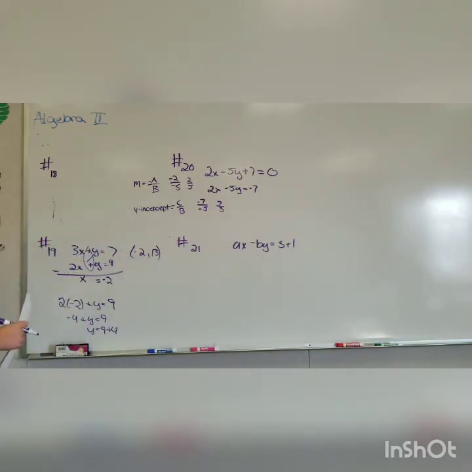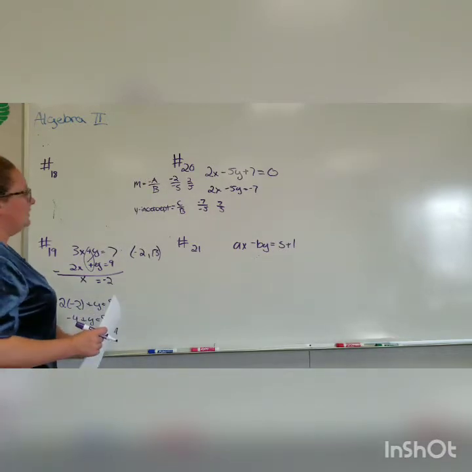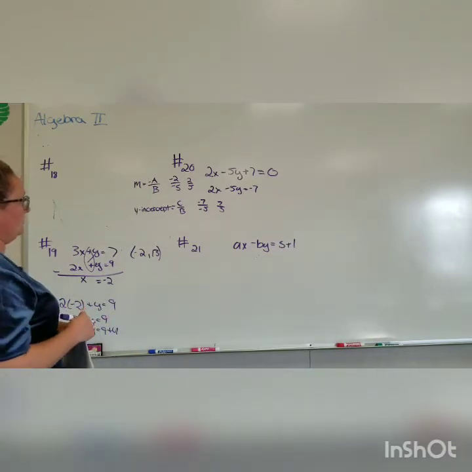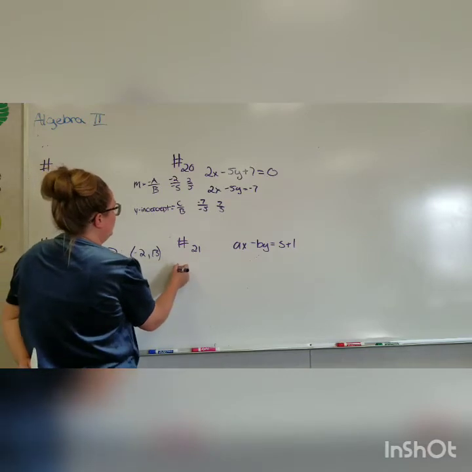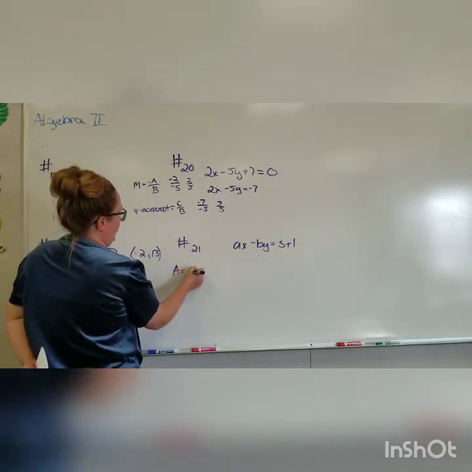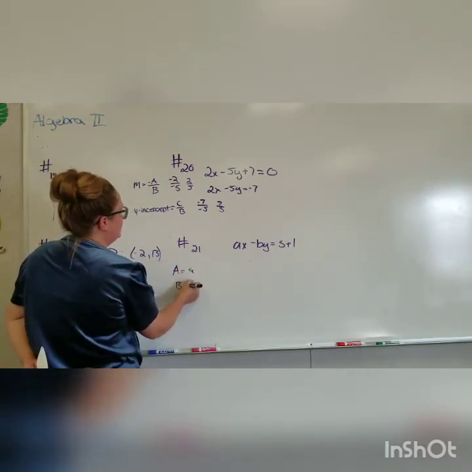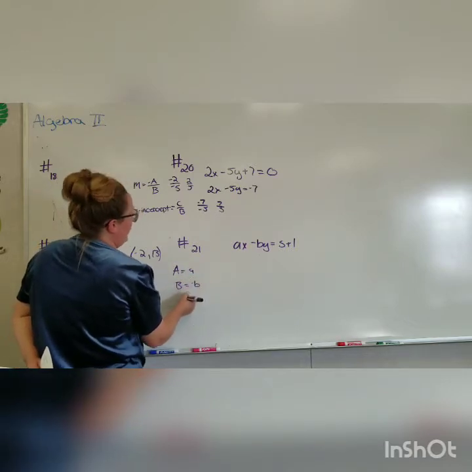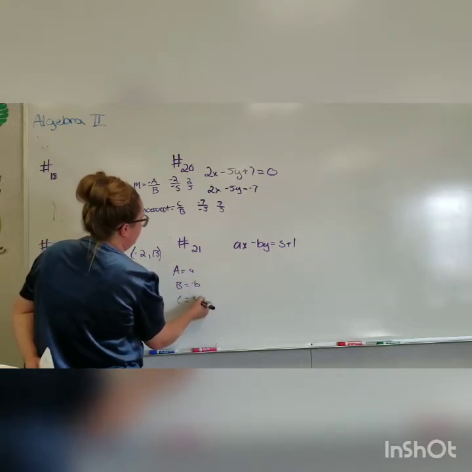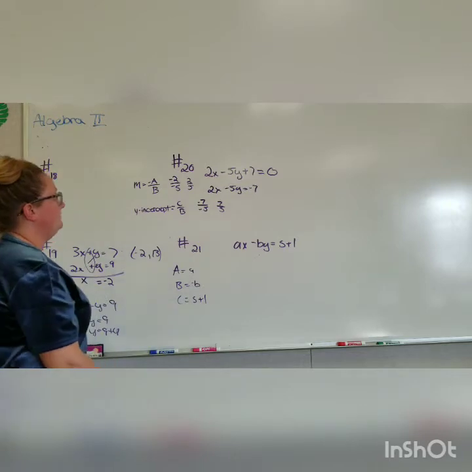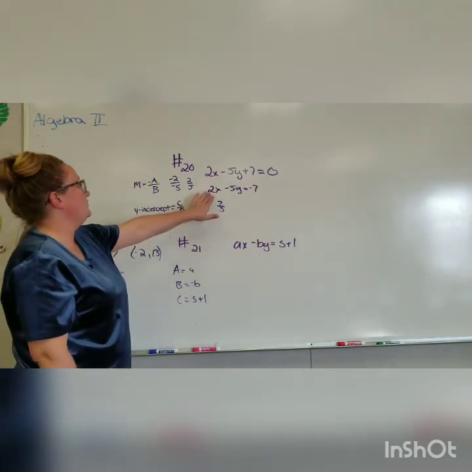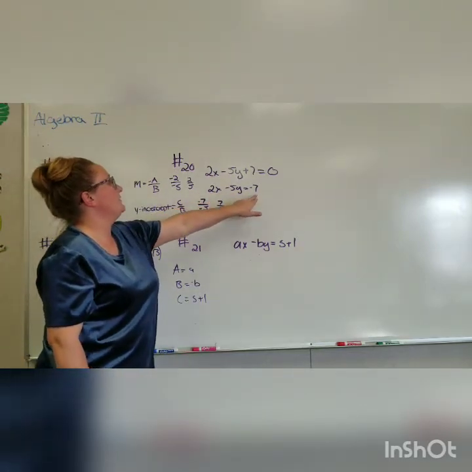All right, in problem 21, again, they've thrown in some other letters to make you nervous, but don't get nervous because in this equation, a is a, b is negative b, and c is s plus 1. Okay? See, in this one, a was 2, b was negative 5, and c was negative 7.